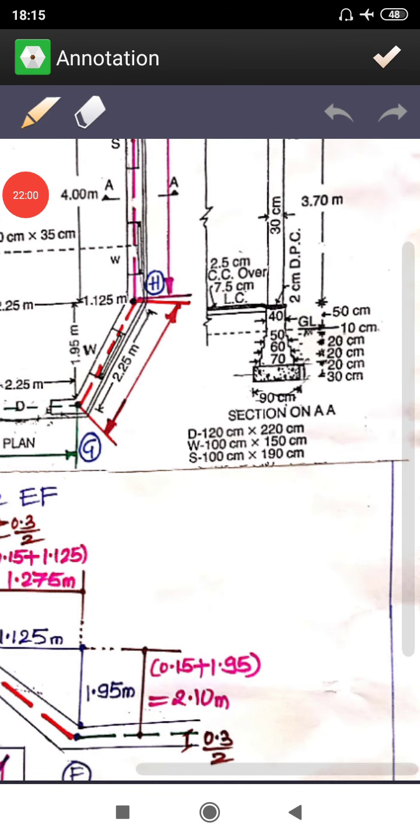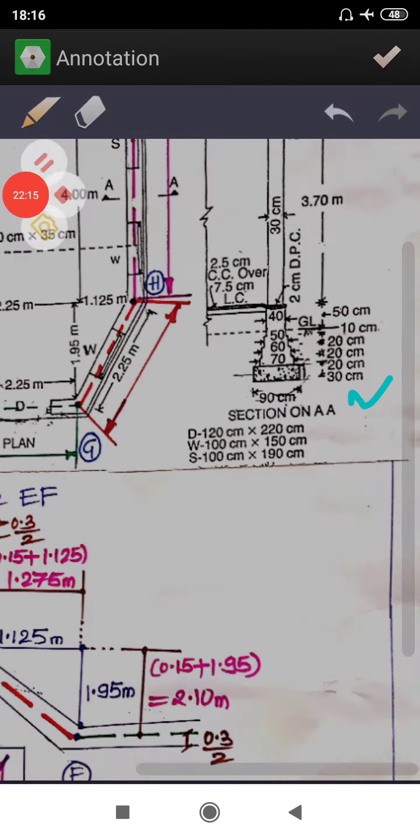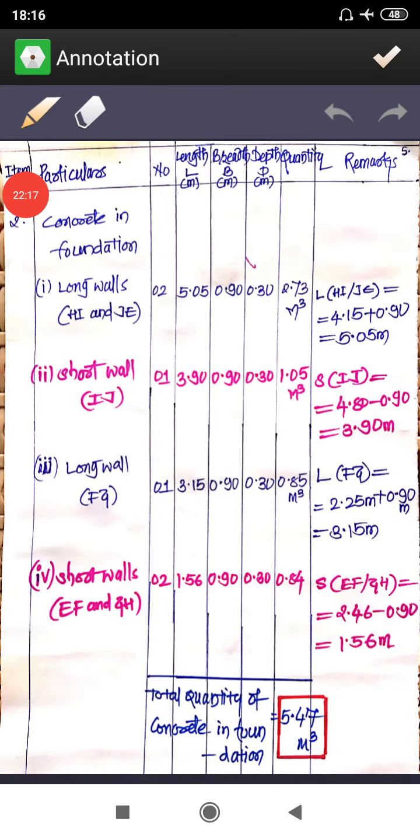For concrete in foundation you will be having 0.9 as the width and 0.3 meter, that is 30 centimeter, as the depth. So that I have to take. Now the quantity is two numbers into 5.05, 0.9, 0.3, which equals 2.73, right?